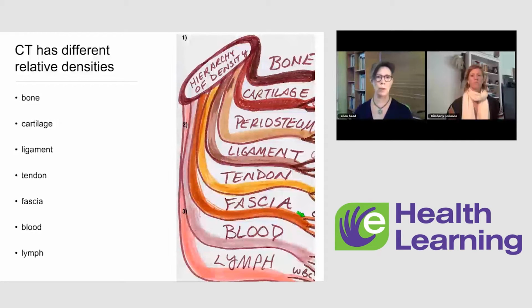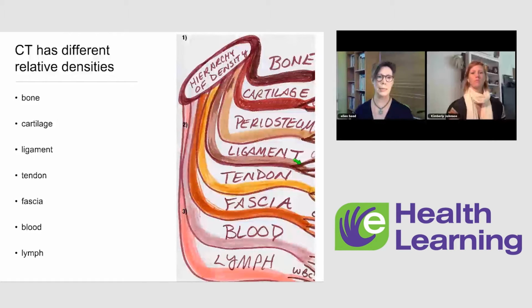Ligament is slightly more flexible than periosteum, tendon more flexible than ligament, and with each one of these tissues all the way through fascia, you basically have the same elements of collagen, certain kinds of collagen, type 1, type 2, type 3 collagen fibers, and then there's also the element of elastin as we get less dense moving down this spectrum.